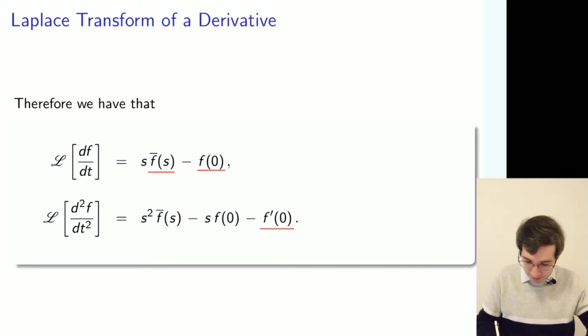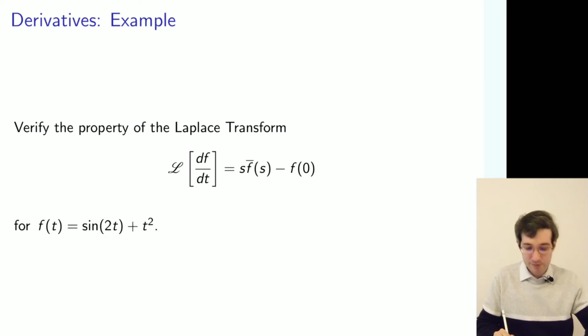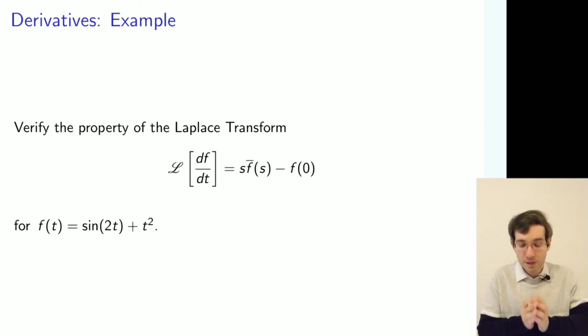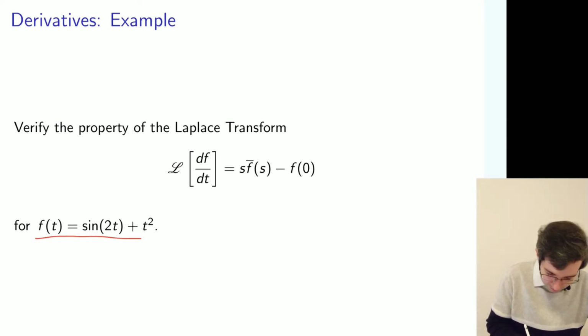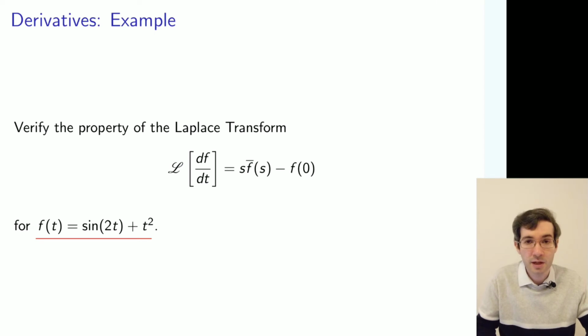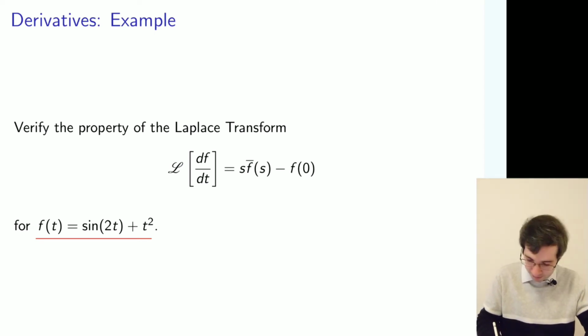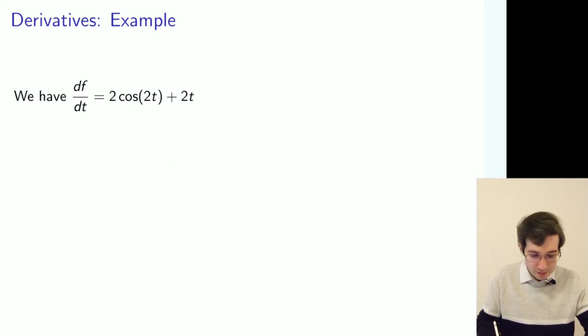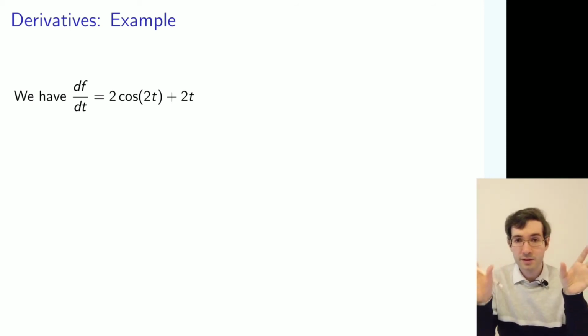But let's just go and look at the example. Let's prove that this is actually true for a specific function. Let's prove it for the function sine plus a square function. To do it, we just compute first the left-hand side and then the right-hand side.